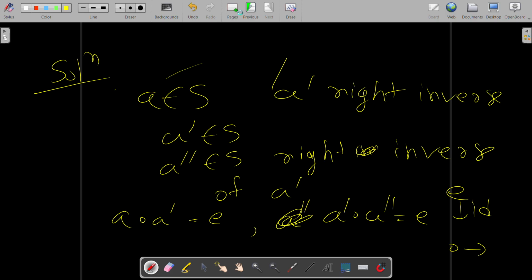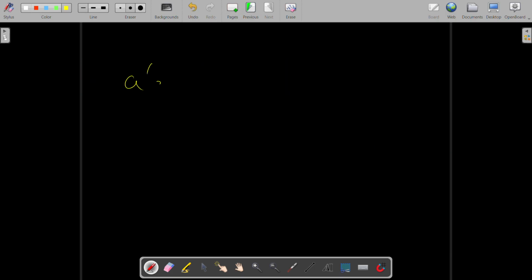Now, A dash compose A equals, we can write it as A dash compose A, clearly compose E, because if we compose anything with the identity element it will return that element. It's a property of the identity element.